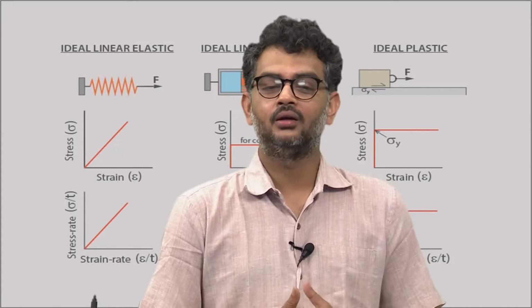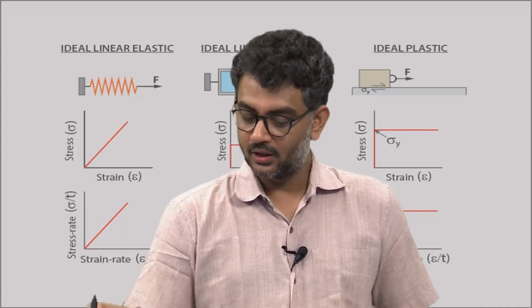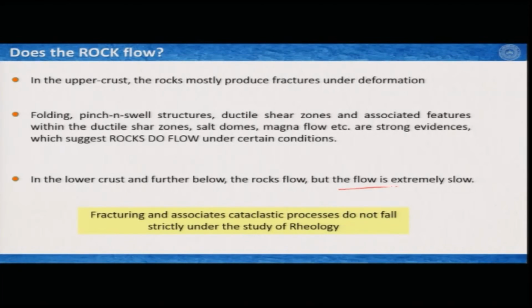We don't see it, most likely because the flow is extremely slow. It's so slow that we cannot see it, but it certainly flows. And the evidences are structures that we see, like folds, pinch and swell, and so on.